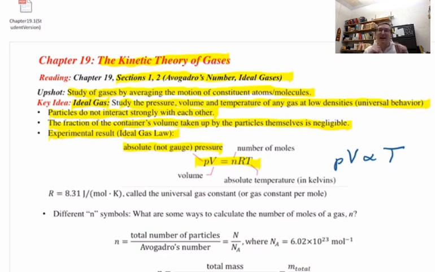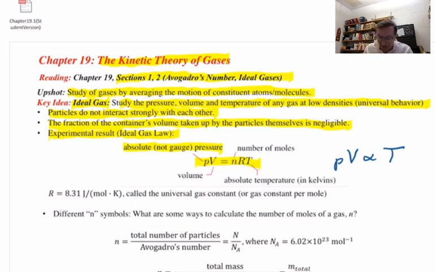It's called that because that's what most pressure gauges measure. We don't want that in the ideal gas model equation. We want the absolute pressure of the gas, the actual pressure from the molecules bouncing off the walls. That's important. The V there is the volume of the gas, which is the same as the volume of the container. That's what we really mean, the volume of the container that the gas is in.